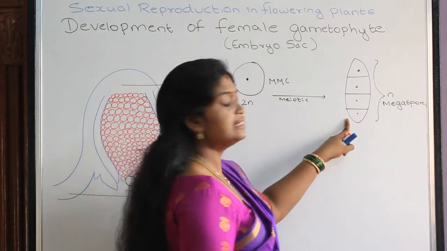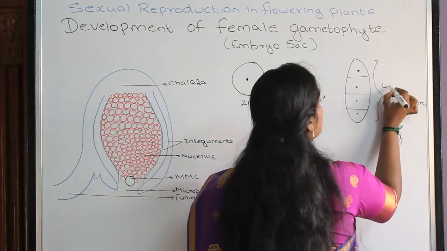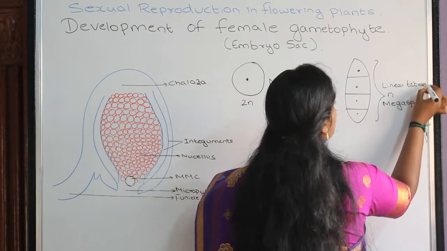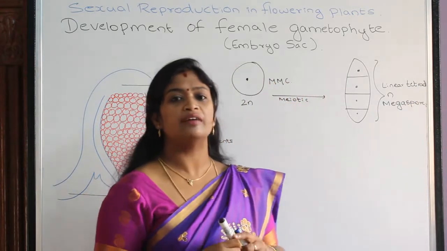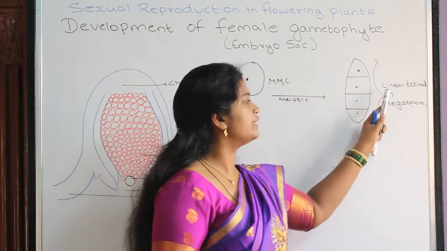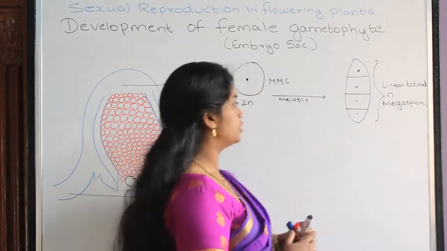This is called the linear tetrad. Whereas in the previous case, in microspore formation, we have seen the tetrahedral form, here we have the linear tetrad of haploid megaspores.